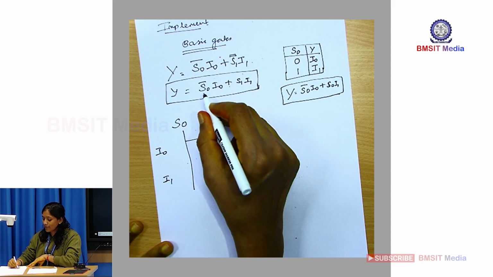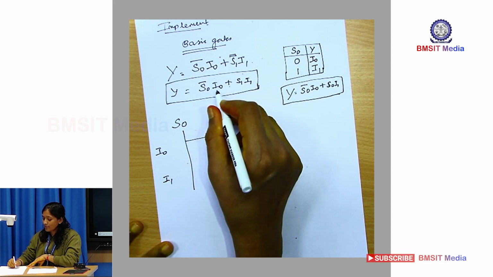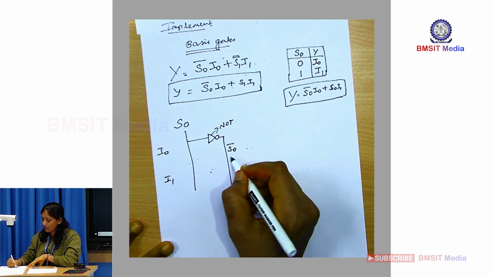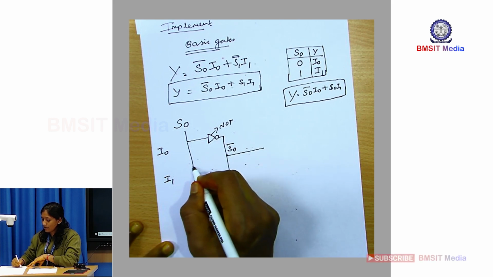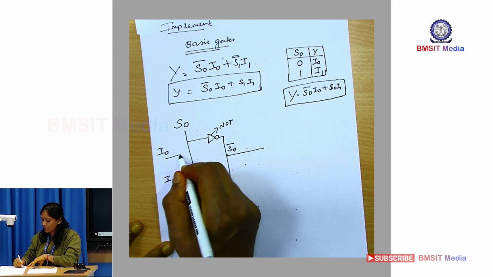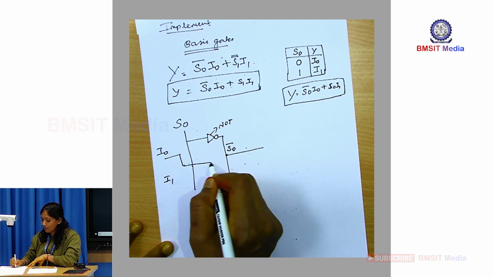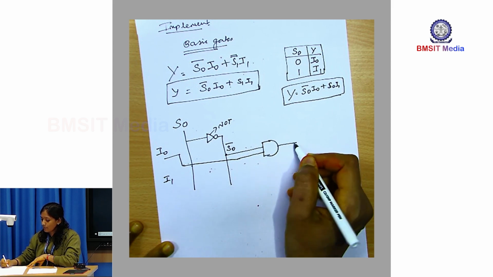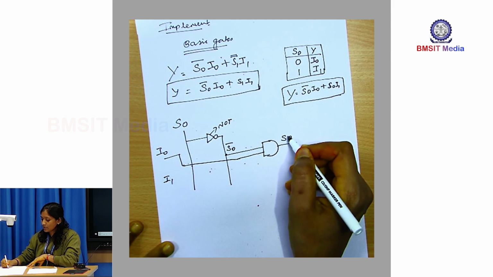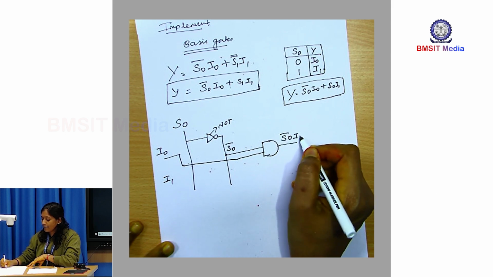Whenever you select S naught bar, which information is transmitted? I naught. So, I naught information is transmitted to the AND gate. The output of this AND gate is S naught bar and I naught.